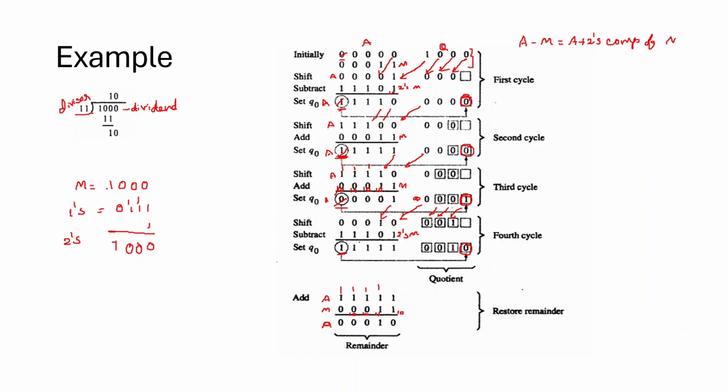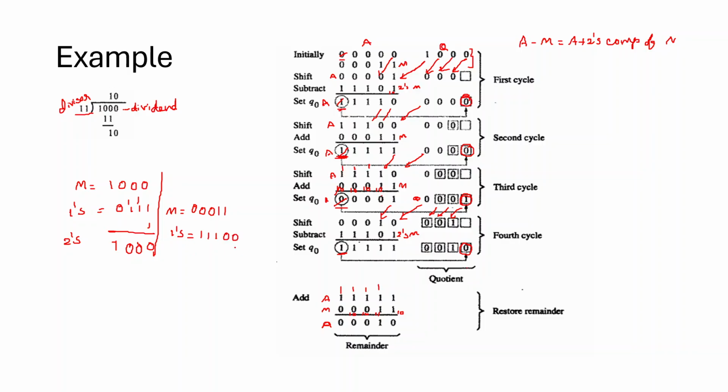Sorry, this is not M. M is equal to 00011. So you write the 1's complement, that is 11100.